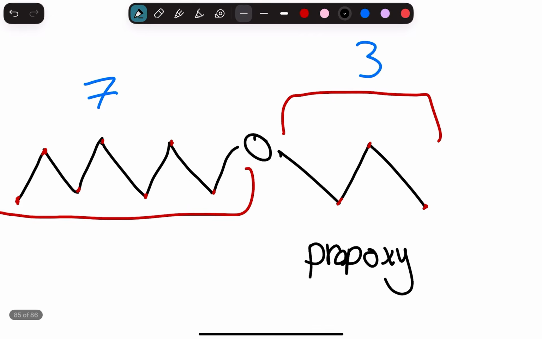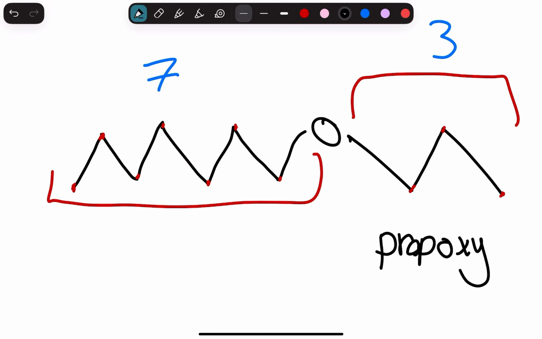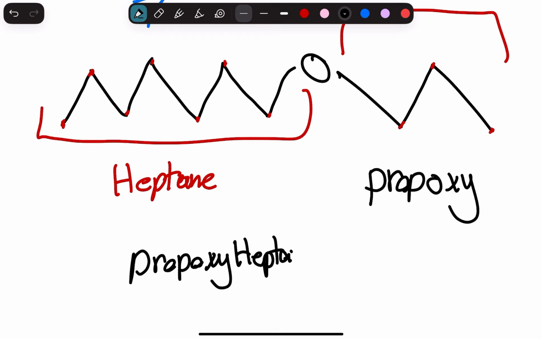propoxy, oxy, and then the longer side is going to have the regular ane ending. So 7 would be heptane. Putting it together, we put the oxy first, so epoxy, heptane.